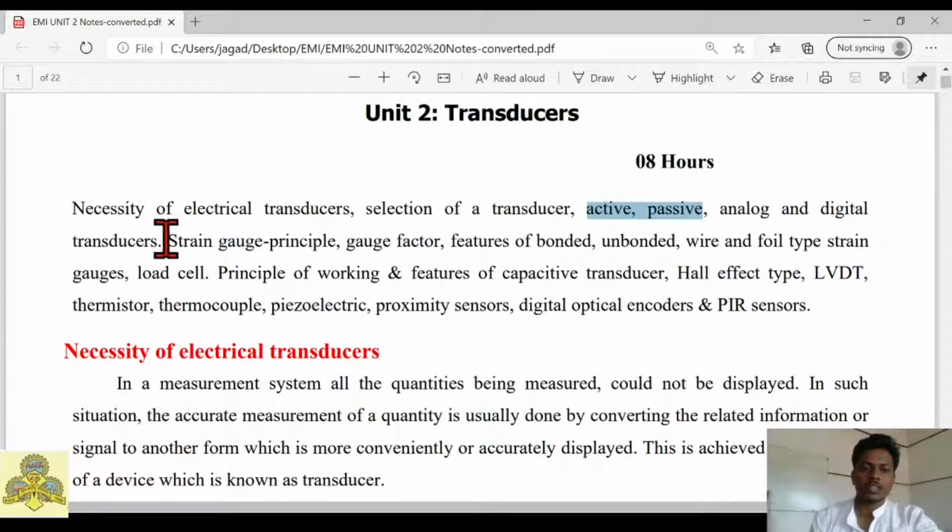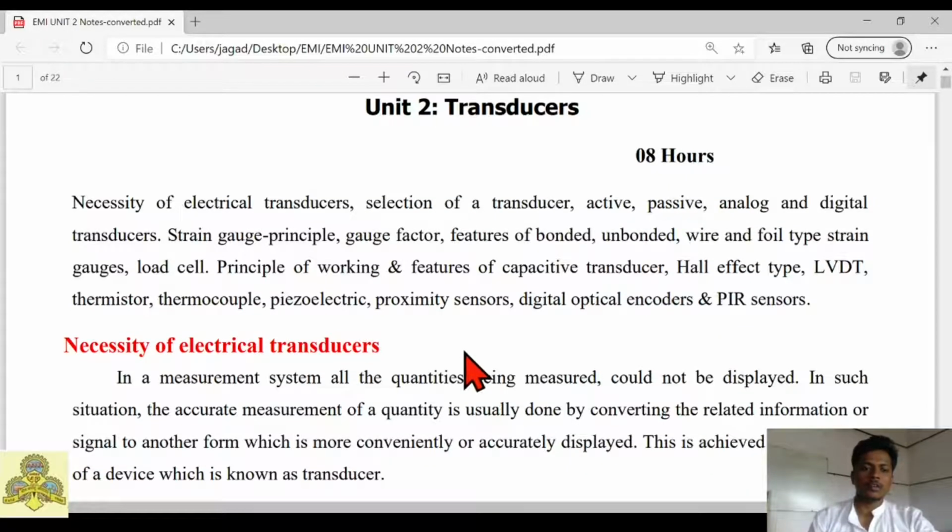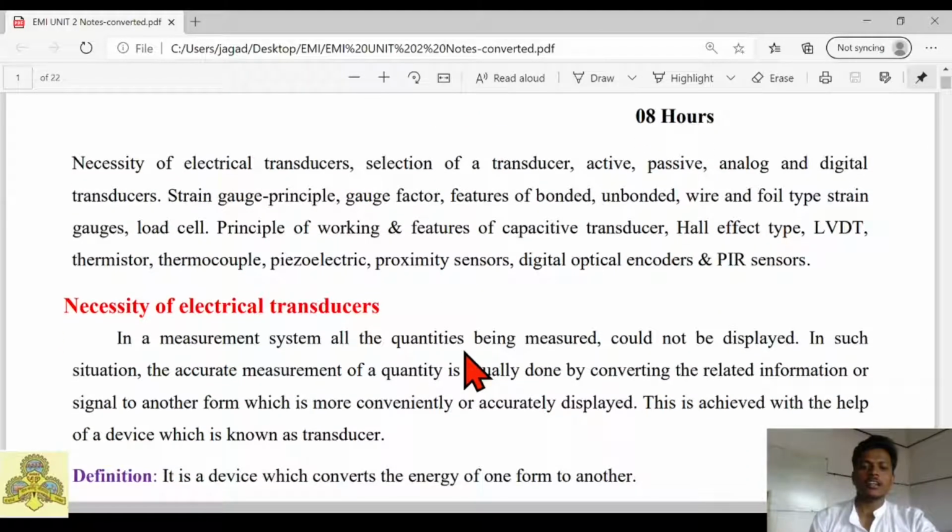We also see strain gauge principle, gauge factor, features of bonded, unbonded wire and foil type strain gauges, load cell, and the principle of working and features of capacitive transducers, Hall effect type, LVDT, thermistor, thermocouple, piezoelectric, proximity sensors, digital optical encoders, and PIR sensors. The first topic is necessity of electrical transducers.